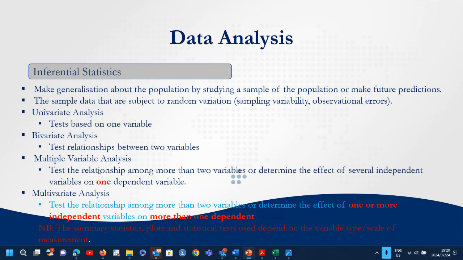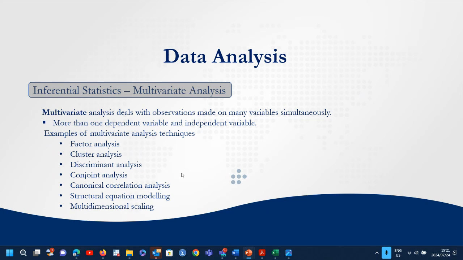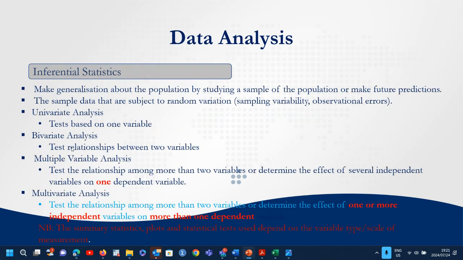Like the study that we are using as an example, you have one dependent variable, but you have many factors or many independent variables. So there is one dependent, but several independent variables. So our study falls here. But when you analyze, sometimes you have more than one hypothesis.